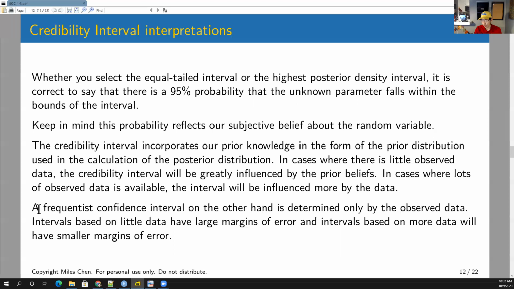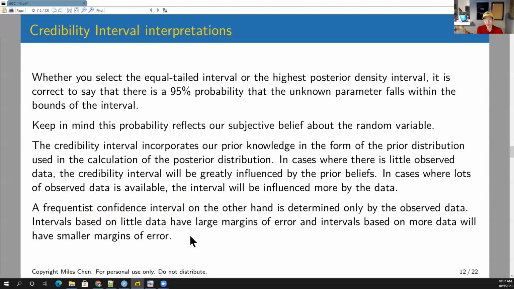On the other hand, a frequentist confidence interval is determined only by the observed data, okay? In your homework, if you get 4 hits out of 10, the frequentist confidence interval is going to be centered at 0.4. With only 10 observations, there's a huge margin of error.